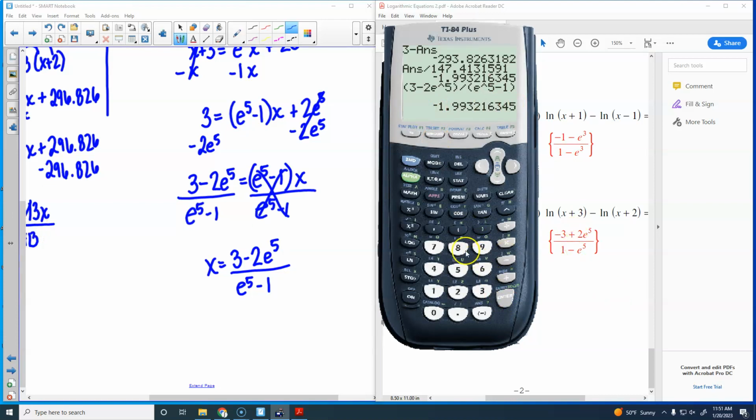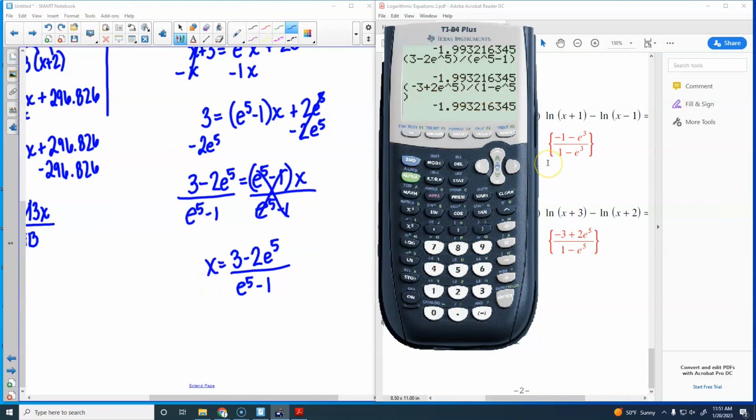If I type in this one, negative 3 plus 2e to the fifth divided by 1 minus e to the fifth, I get the same decimal as well. So they're the same, they just look a little bit different.